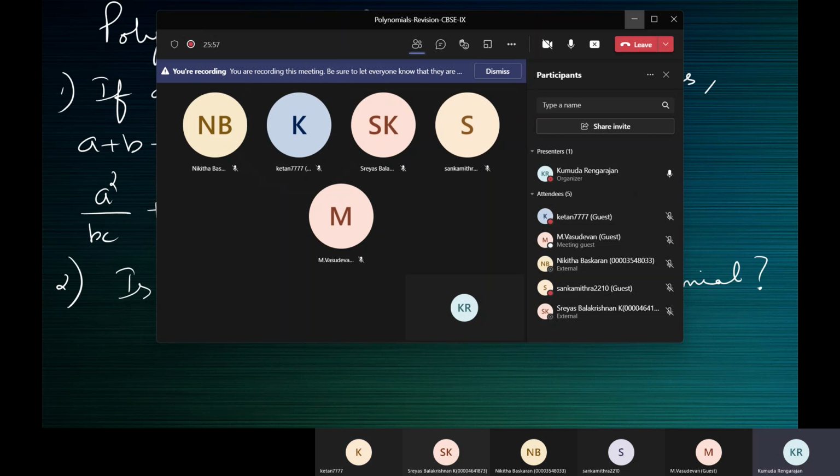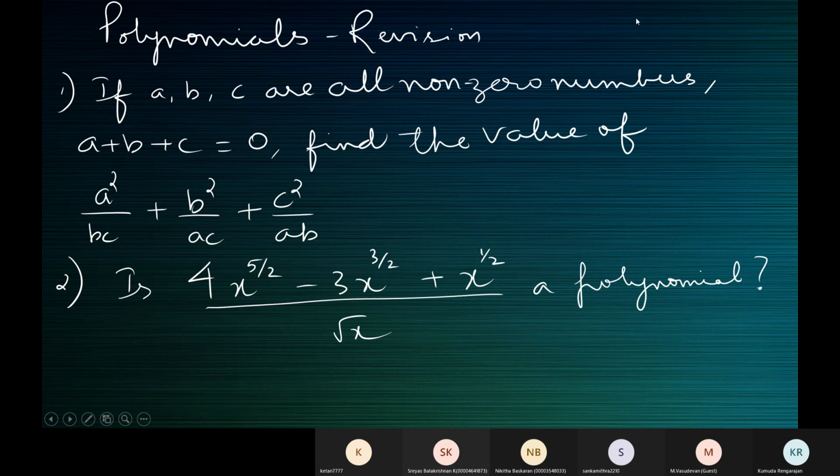So we have RM, Vasudevan, Nikita, Sangamitra, and Shreyas. All right. Yeah, tell me, how is it a polynomial? How do you define what is a polynomial?